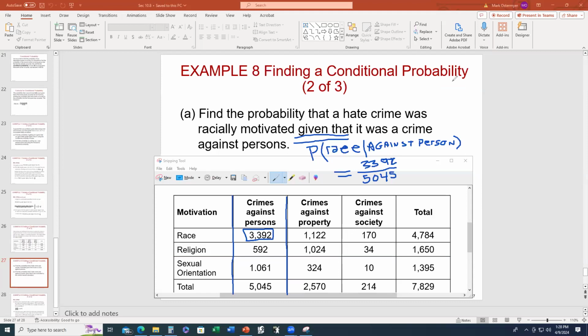It'd be 324 over 2,500. Oh, yeah. Okay, you're close, but it's still not correct. Listen one more time. Given that a crime was motivated by sexual orientation, what is the probability that the crime committed was against property?